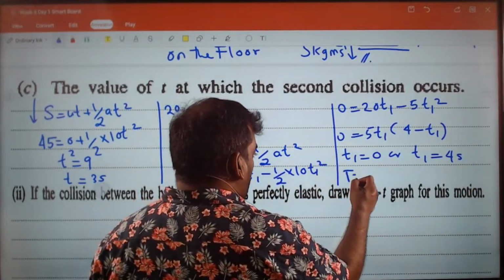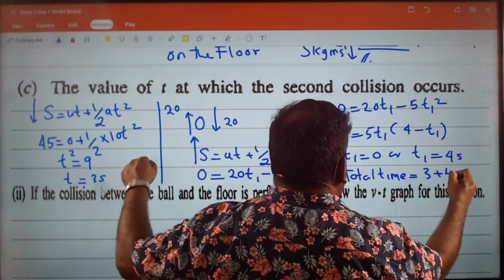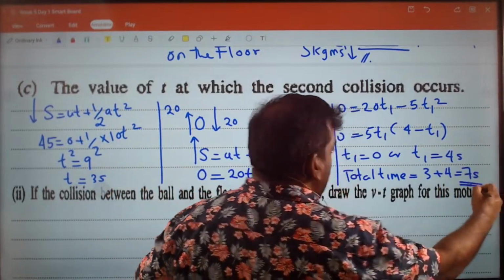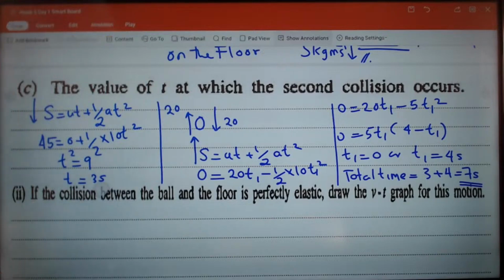So total time is 3 seconds first, 4 seconds now. Altogether 7 seconds. Once you need it, write it down. These are not difficult things, but they are important.